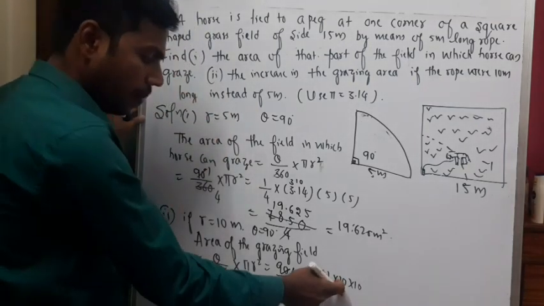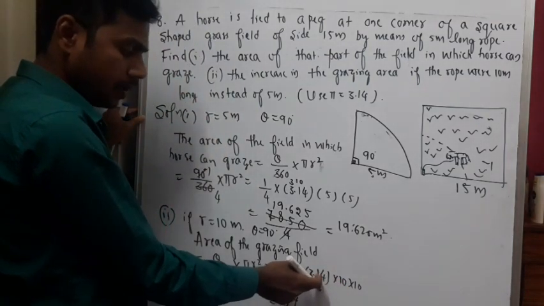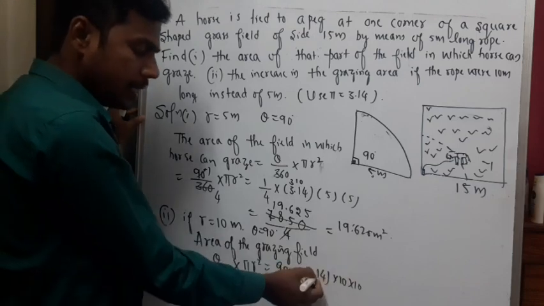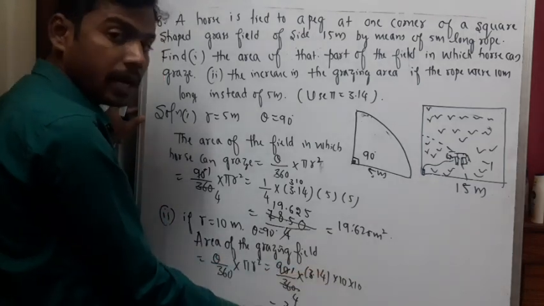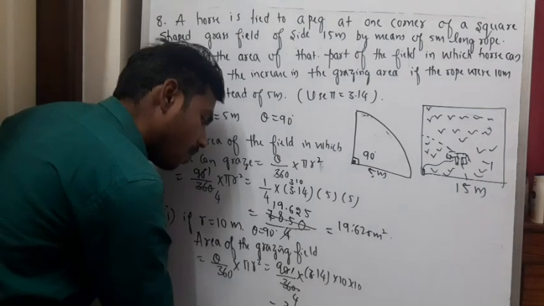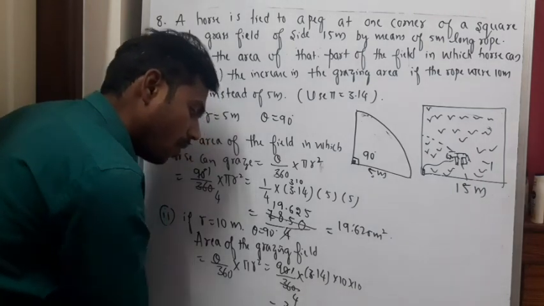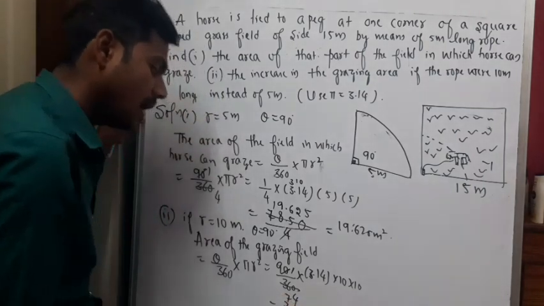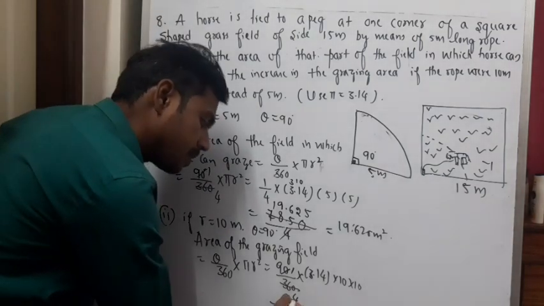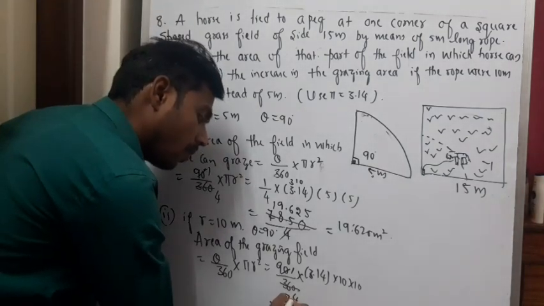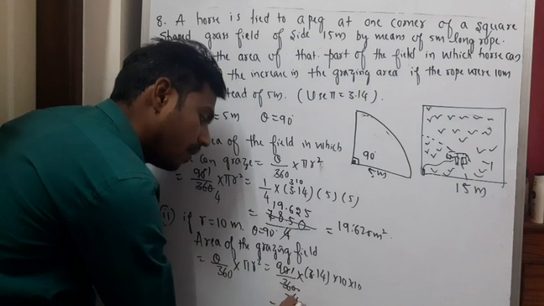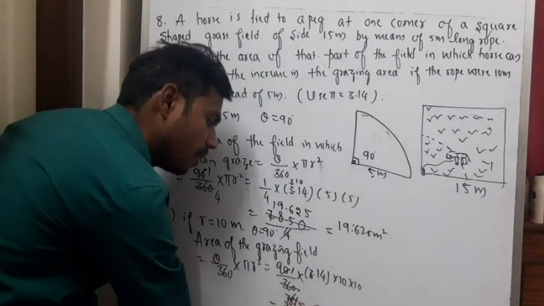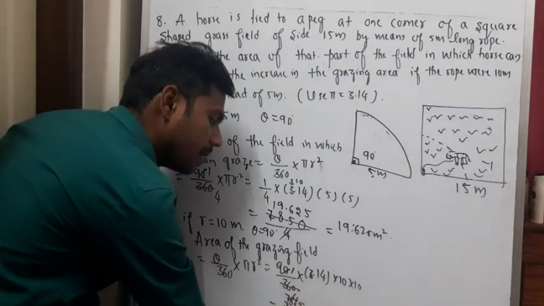If you multiply with 10, the decimal will move by one digit, again you multiply, the decimal will come here. So that will be 314 divided by 4. 4 ones are 4, 4 sevens are 28, 3 left, 34. 4 eights are 32, 2 left, 20, 4 fives are 20. That is 78.5 meter square.